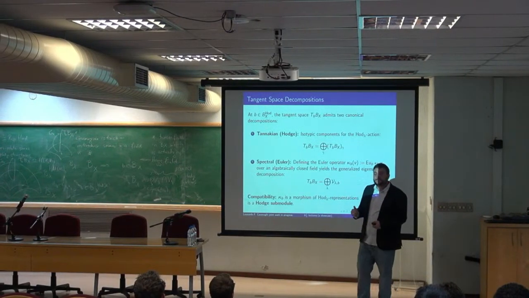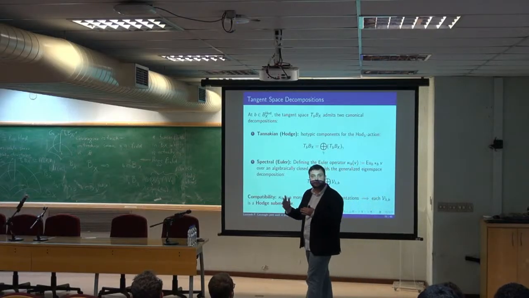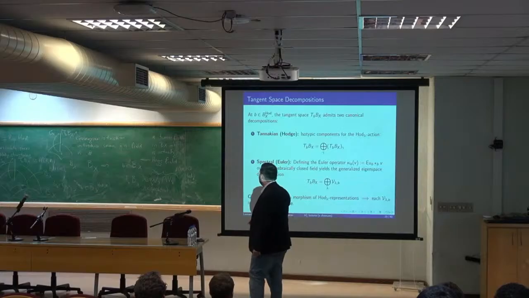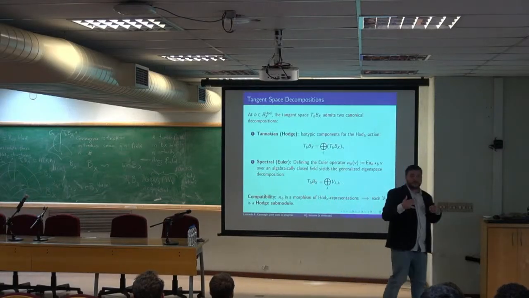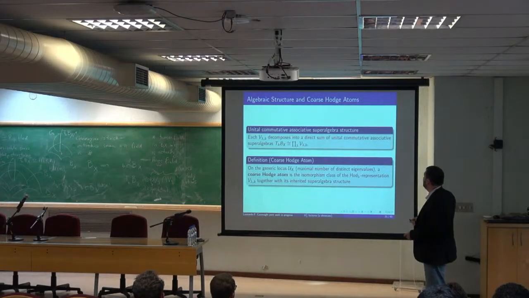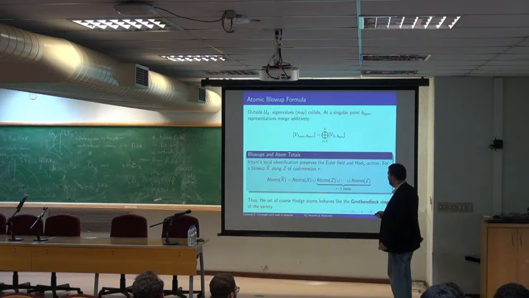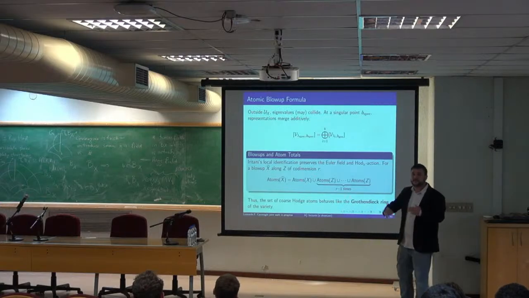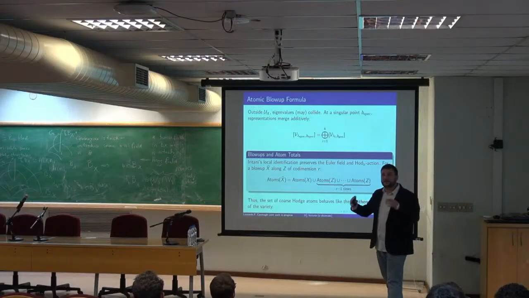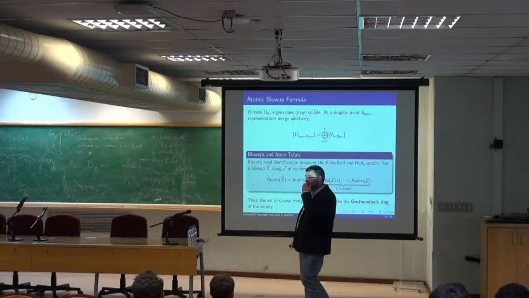But because you know the blow-up formula, and you know that they don't interact, they behave in a disjoint manner, when you do these respective blow-ups, all that you are doing is actually adding the contributions of X and of the center I-1 times. So you're just adding your coarse Hodge atoms for the things that you blow up.